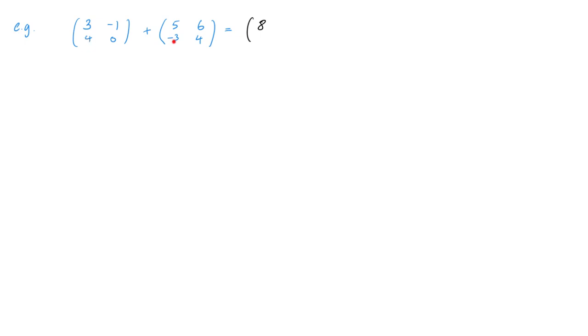This 4 will add with this -3 and become 1. This -1 and this 6 add together and become 5. And this 0 and 4 add together and become 4. It's very straightforward.